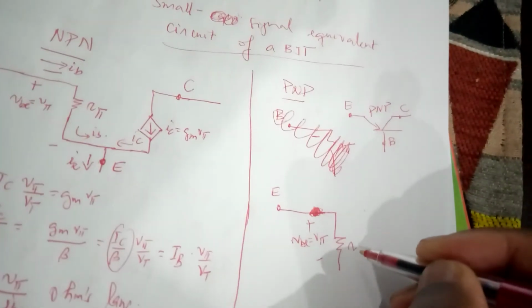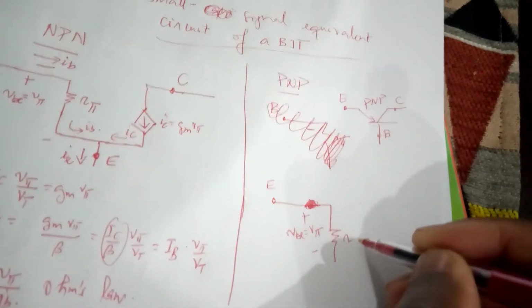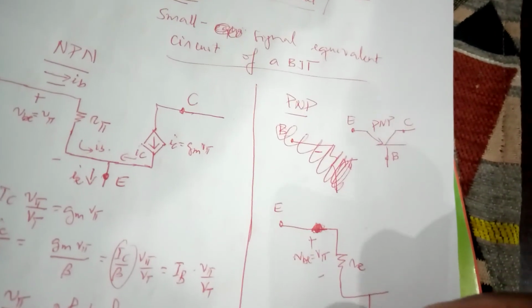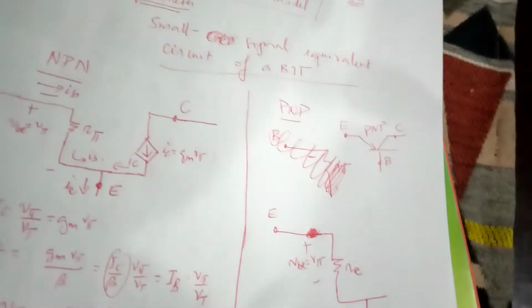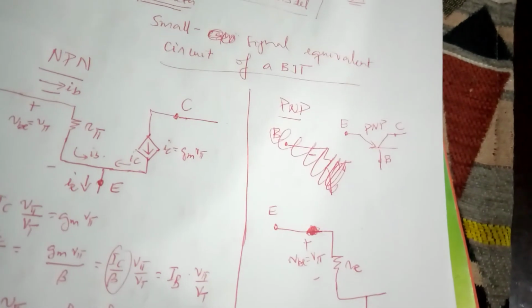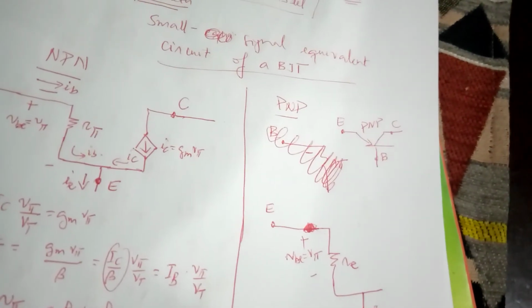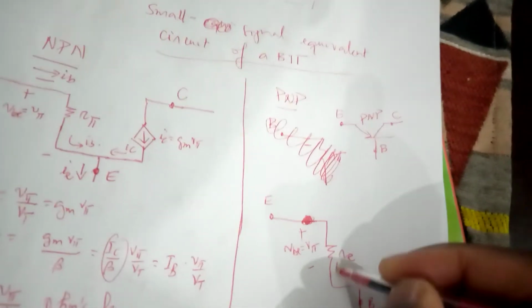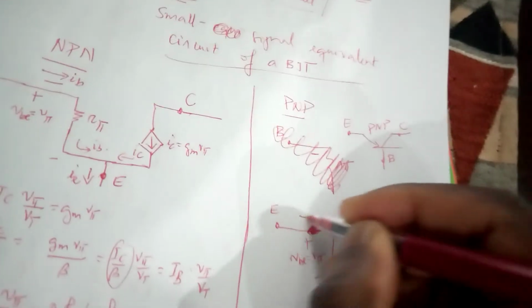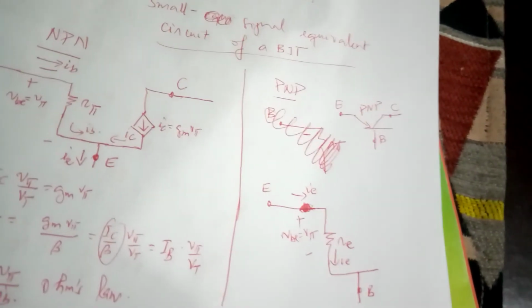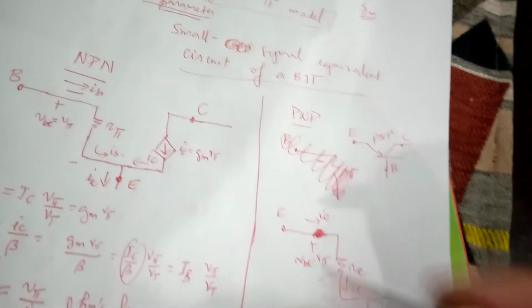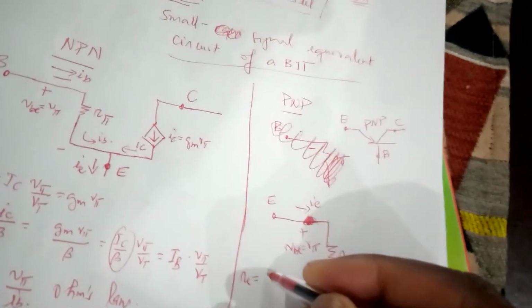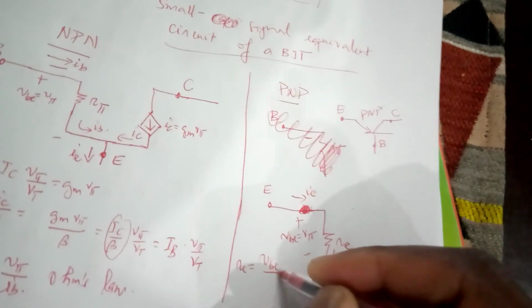This time we're gonna call it an internal resistance, which is called RE this time, till you reach the base. Now, RE is caused by the IE current. So IE is the emitter current flowing there. So the presence of IE and VBE creates RE, which is therefore VBE by Ohm's law divided by IE.